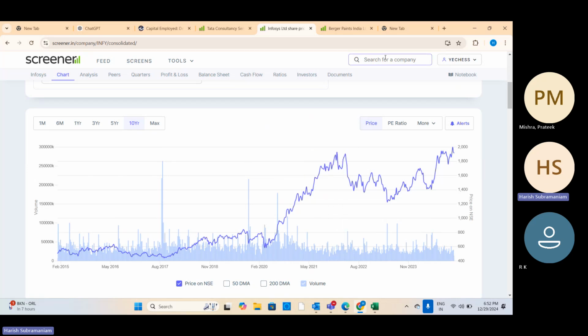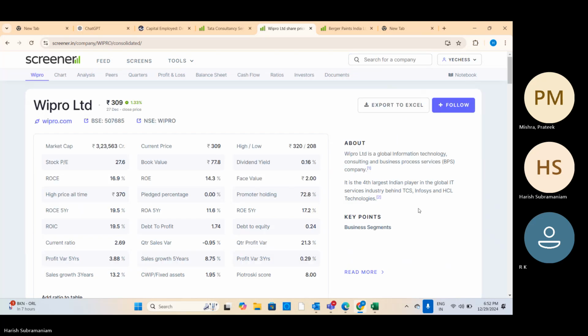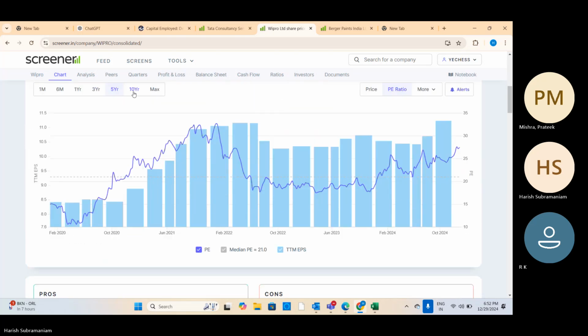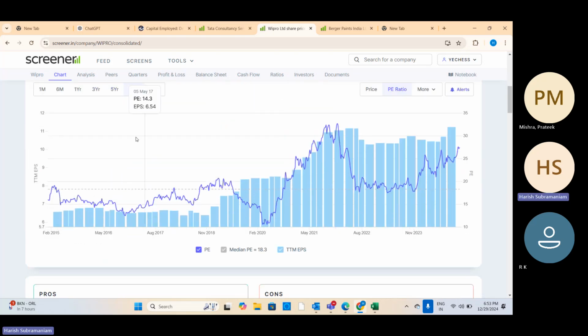Now we have taken Infosys, we have seen TCS. Let's just see Wipro. Okay, so we see here that this PE ratio here is low. It's gone high. It's again gone low. This has again gone high.